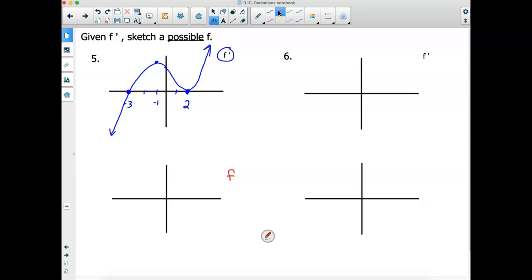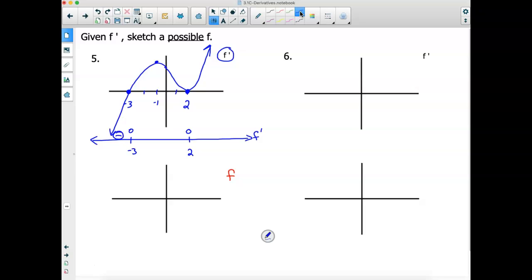And I didn't pause. I hope you paused. And it's a little harder. So let's look at this again. Let's analyze this on my f prime line. It really makes it easier. I know here at negative 3, my derivative is 0. And I know here at 2, my derivative is 0. Okay? And I know to the left of negative 3, my derivatives are negative because I'm below the x-axis.